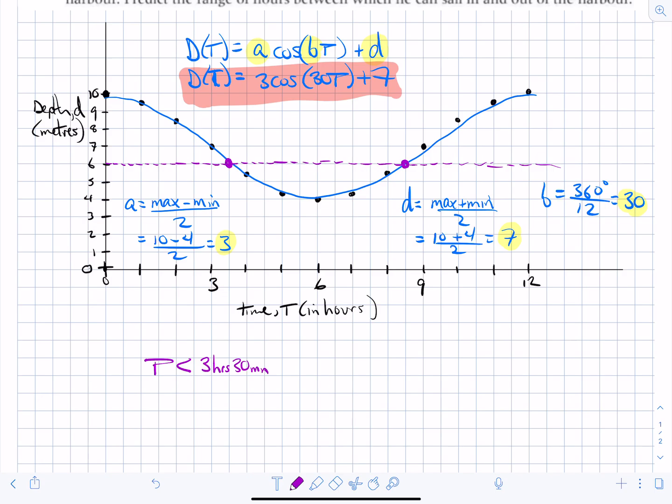So I'm reading kind of this. And I want this also, which is 8.5. So it's when it's less than, before 3:30, right? Maybe I can write it in a nice, normal human being way and say 3:30. Or when t is greater than 8:30. Right? So there you go.